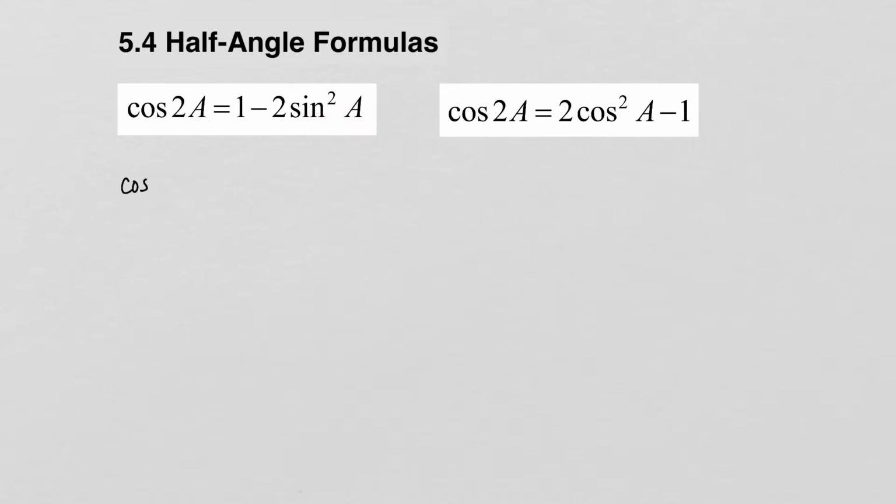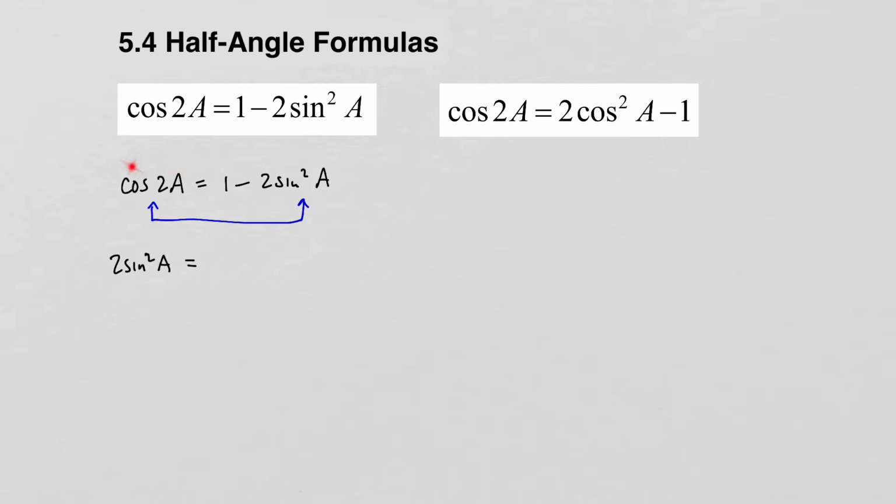So we have cosine of 2a equals 1 minus 2 sine squared of a. If I swap these two terms from one side to the other, I can bring over the negative 2 sine squared of a to the left-hand side, which becomes positive 2 sine squared of a.